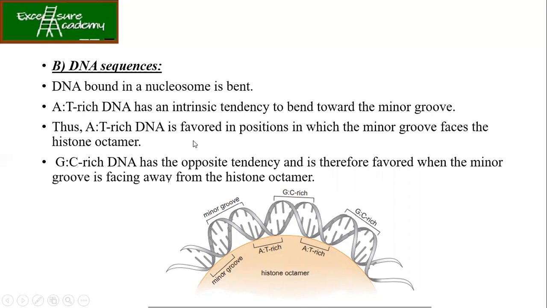Now, AT-rich DNA is favored in positions, and that's why it is facing the histone octamer, whereas you have got the GC-rich in the opposite. So therefore, it is favored when the minor groove is facing away from the histone octamer. So guys, what you have to remember over here is that the minor groove, which is rich in the AT, is actually facing the histone octamer, whereas the opposite, that is GC-rich minor grooves, are facing the outside, that is away from the histone octamer.